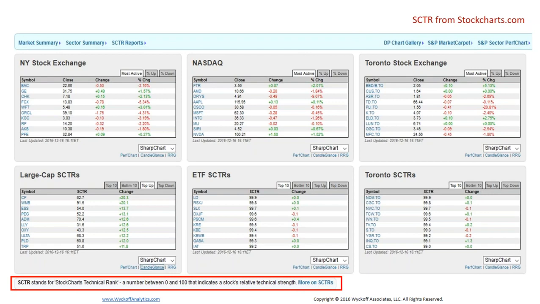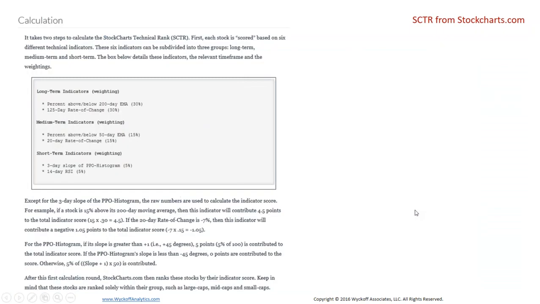I also like to look at scooters on stock charts, and scooters is actually a fascinating ranking tool, and I put here a definition for the scooters, how they look at this. Let's quickly look at the formula here. They have long-term indicators, which define the specific percent of stocks that are above the 200 moving average, so basically defining a long-term trend.